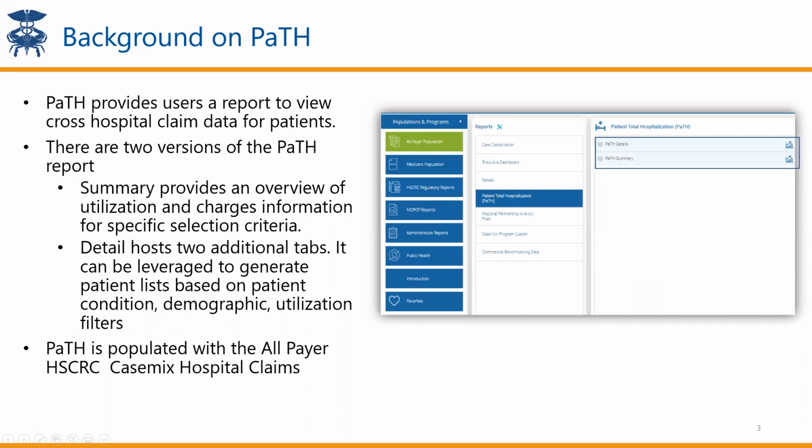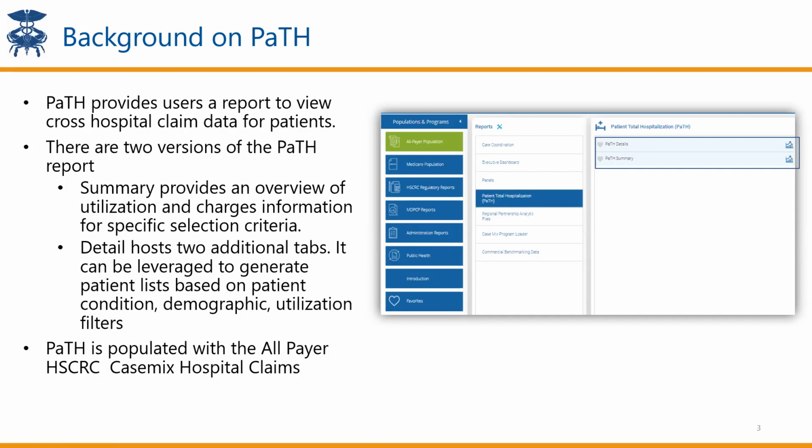So some quick background on the PaTH report. This is a tool that allows you to view cross-hospital claims for patients that have touched your hospital in the last 36 months or are on your ENS panel. And that's something that's new for this version of PaTH.